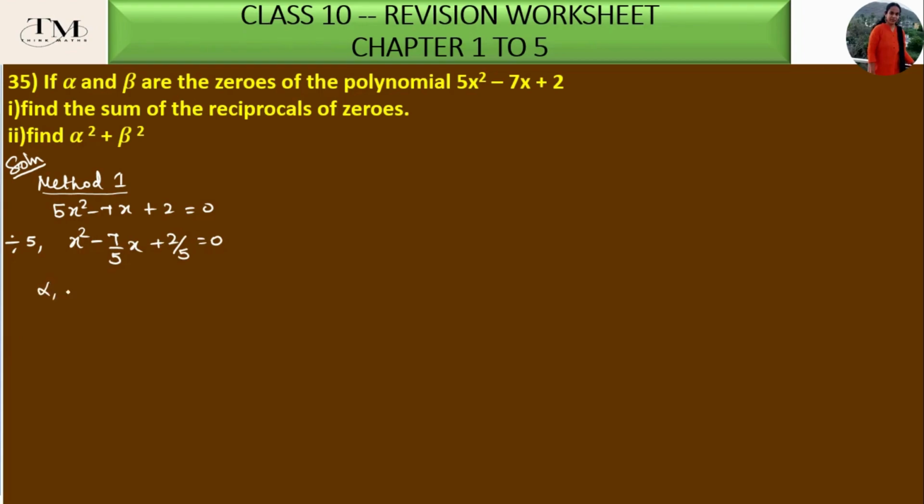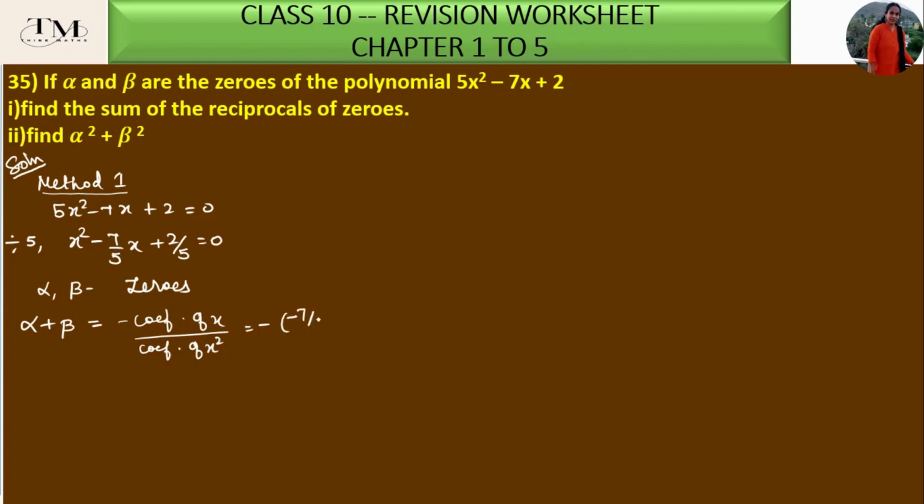So alpha and beta are given as zeros. Now what we know: alpha plus beta, that is the sum of the roots, is equal to minus coefficient of x divided by coefficient of x square. So minus, what is the coefficient of x?